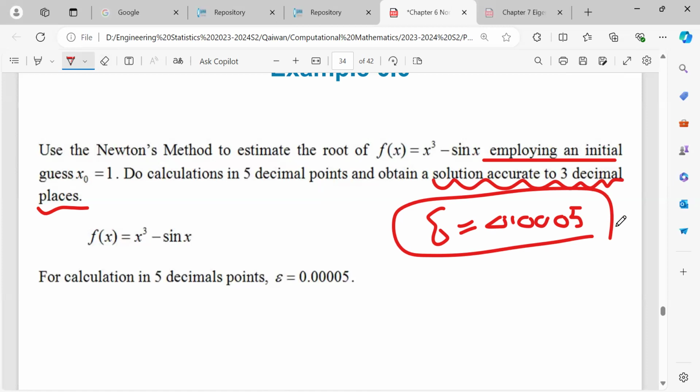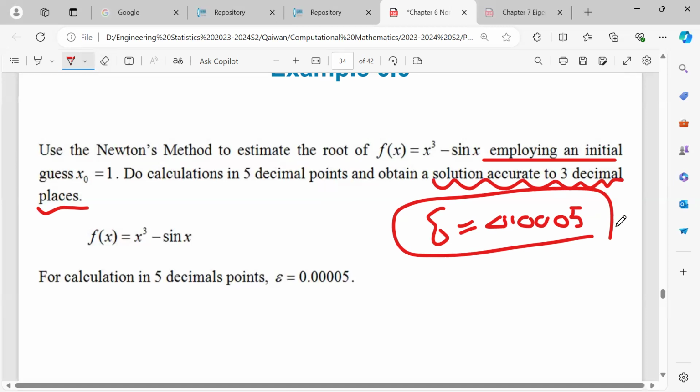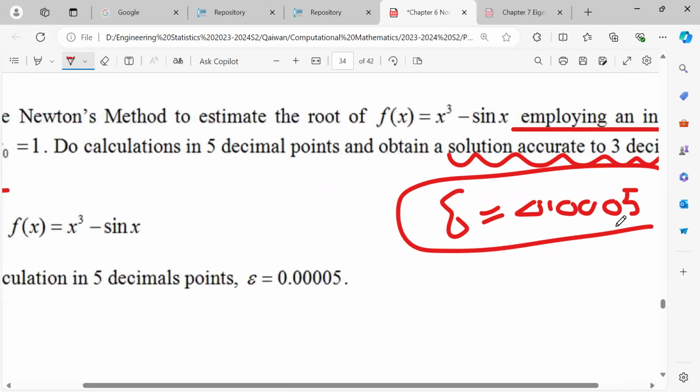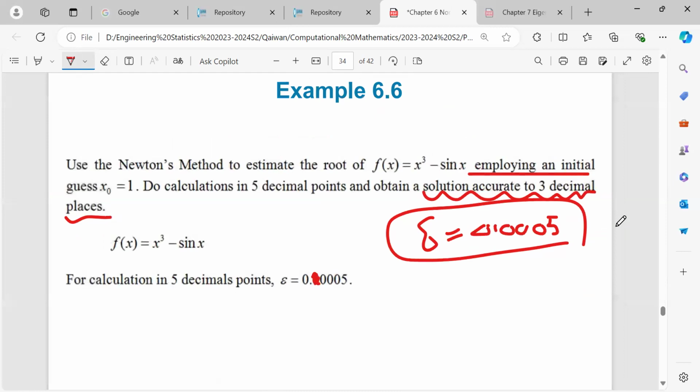No, it says 3. This should be 3. No, look. I'll do the calculations in 5 decimal points.